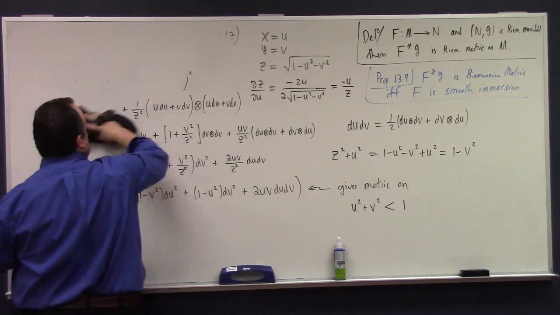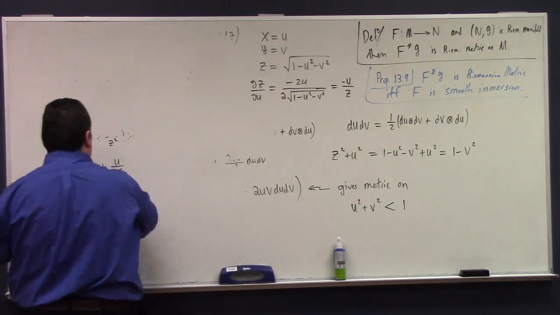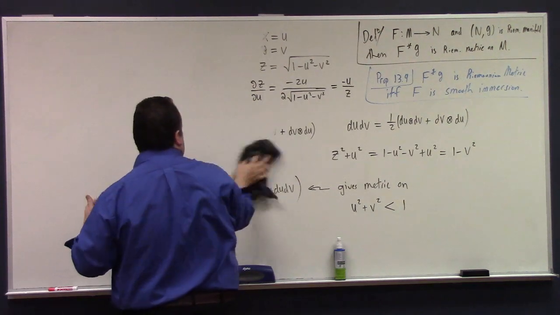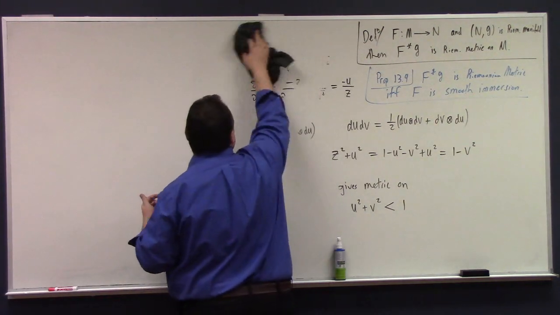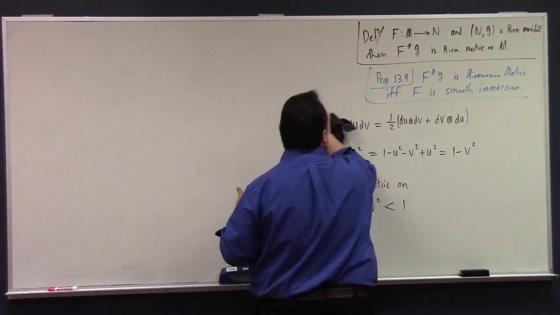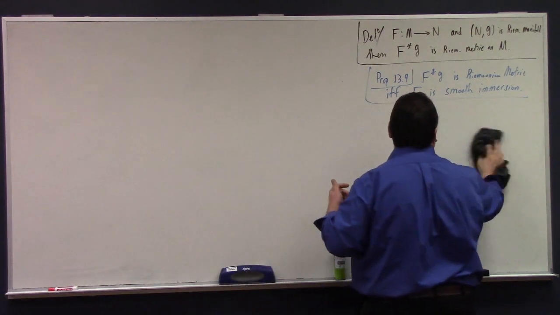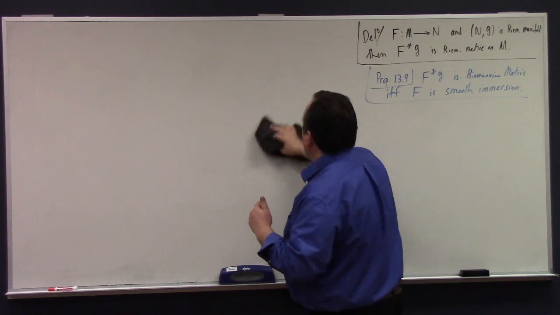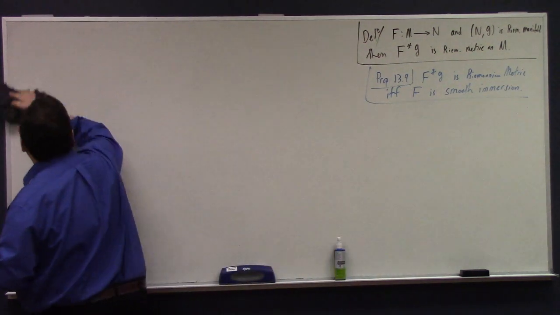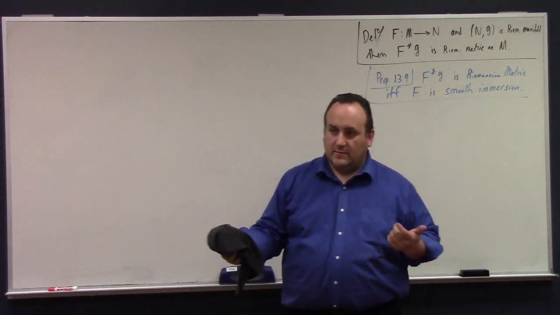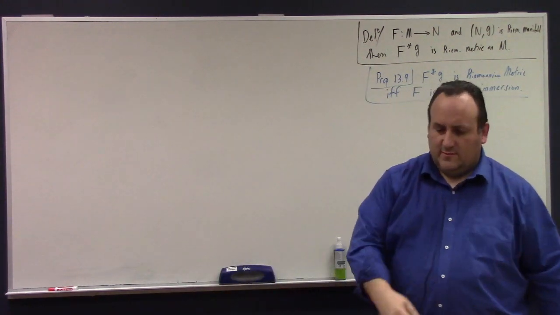So, next order of business, let's talk about the concept of isometry. Isometry, meaning same measure, right? So we've talked about diffeomorphism. First of all, in topology, you guys have been talking about homeomorphism.